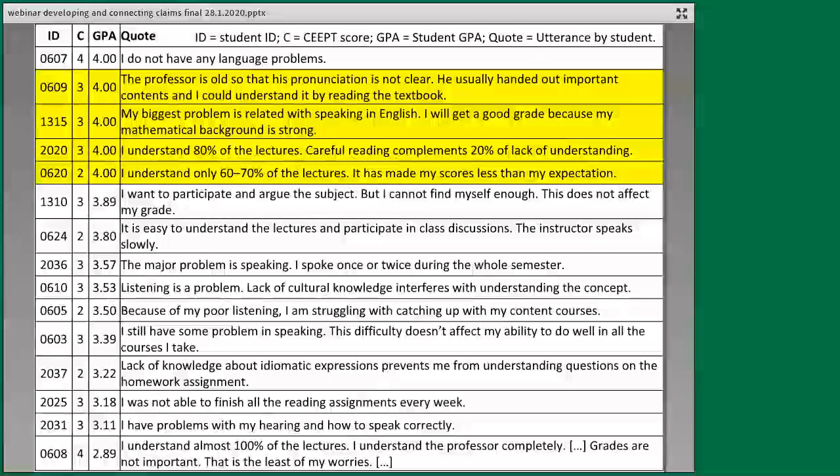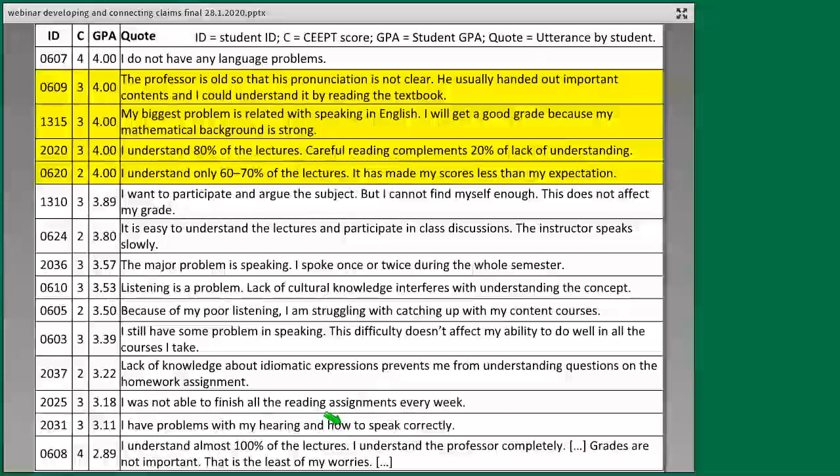So these three students who had language problems, but still the highest possible GPA, all referred to some compensating strategy. And basically the other students, the ones mentioned here, here, and here, did mention language problems, but not strategies to overcome these.